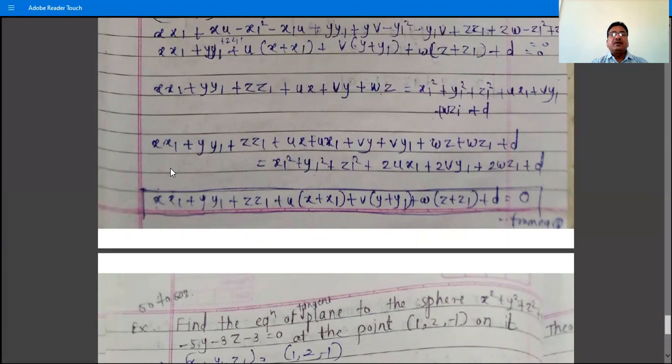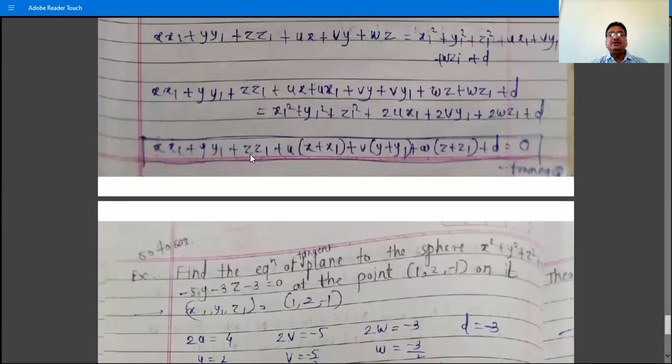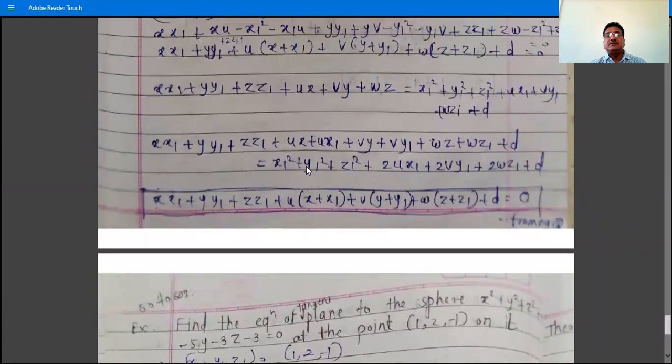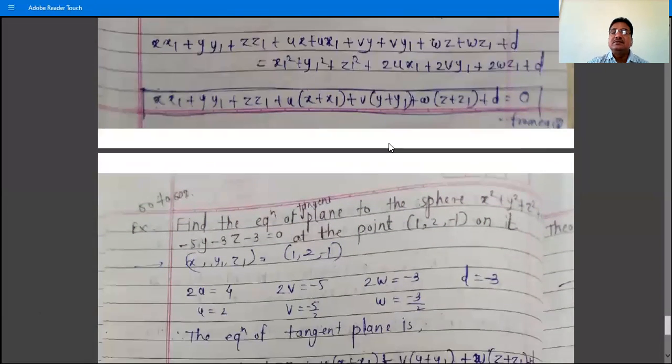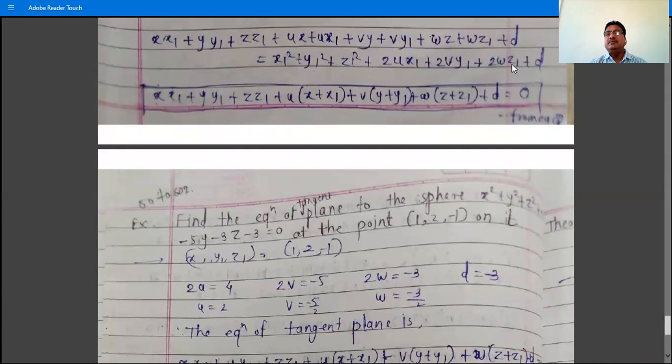And then we have xx1 plus yy1 plus zz1, and now taking u as common from ux and ux1, we have u(x plus x1), then v as common, v(y plus y1), w as common, w(z plus z1) plus d, and the value of RHS is now 0 by using equation number 2, x1 square plus y1 square plus z1 square plus 2ux1 plus 2vy1 plus 2wz1 plus d is 0. And so this is the equation of tangent plane to the sphere.